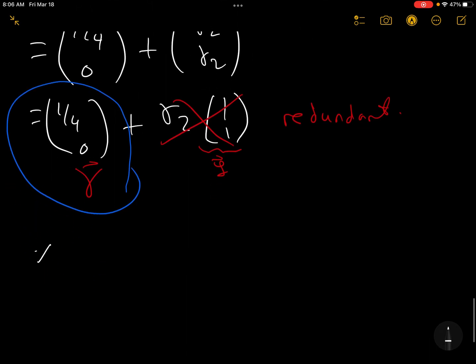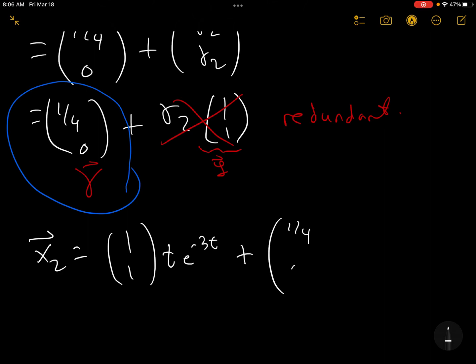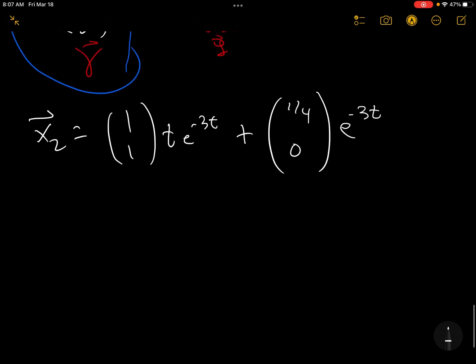Okay, so what's the second solution? The second solution is 1, 1 t e to the minus 3t plus 1/4, 0 e to the minus 3t. And so the general solution is C1 x1 plus C2 x2. Now, here's a little thing.